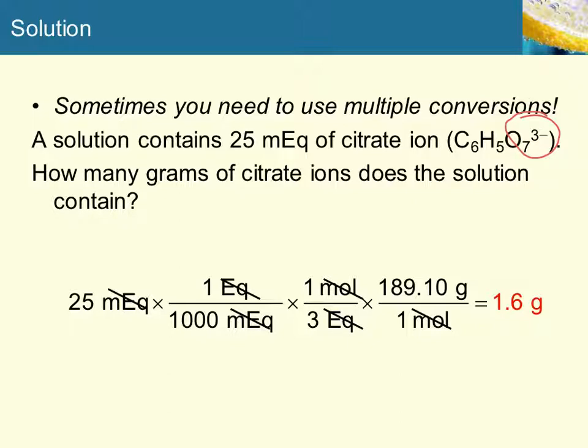And we also know that 1 mole equals 189.10 grams. That is the GFM of the C6H5O7. So your milli equivalents cancel, your equivalents cancel, your moles cancel, and you're left with grams. 25 times 189.10 divided by 3,000.